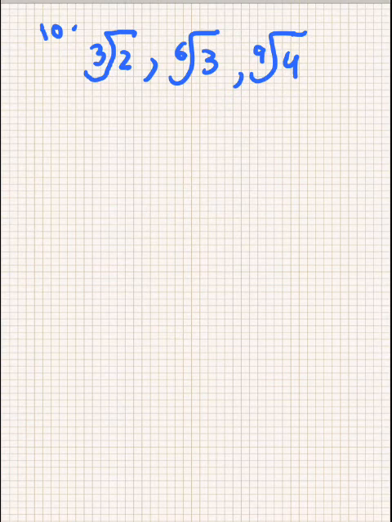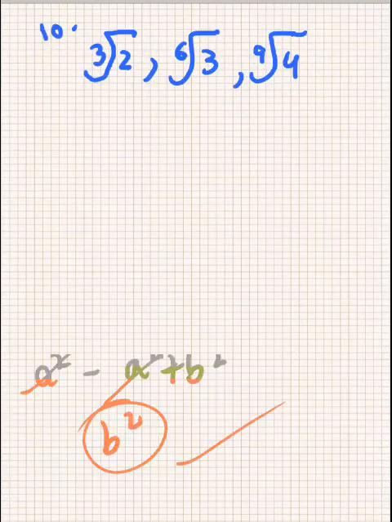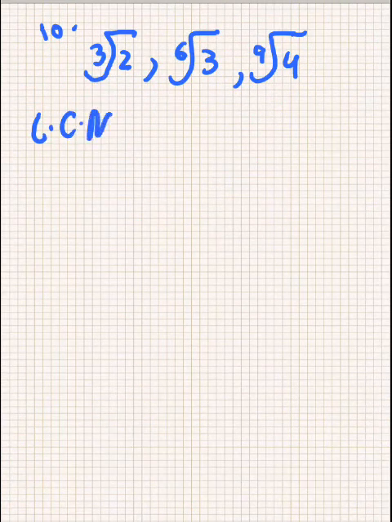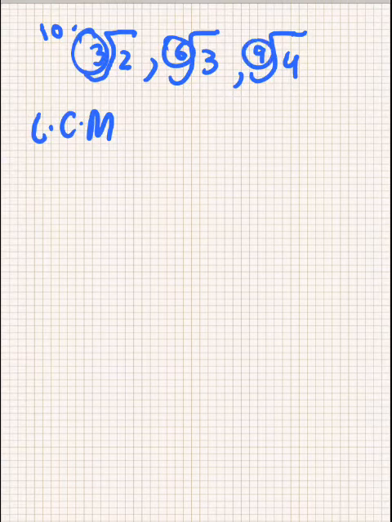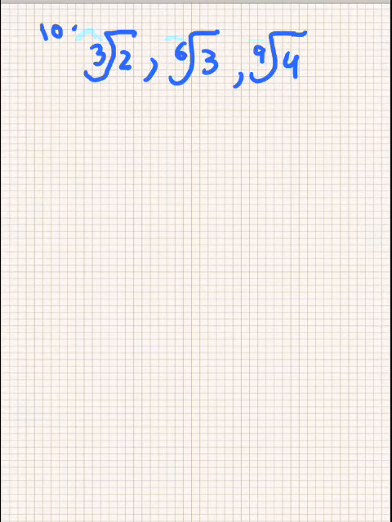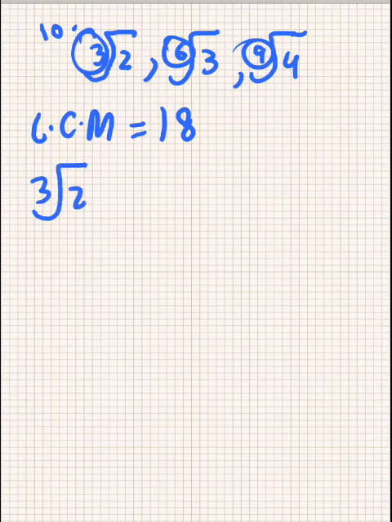Now in question 10 we have to find the ascending order of the surds which are given. So first of all, listen carefully, we'll find the LCM of 3, 6 and 9. So the LCM is 18. Now we have to reduce the given surds to surds of order 18. The first one is basically 2 raised to 1 by 3, right?